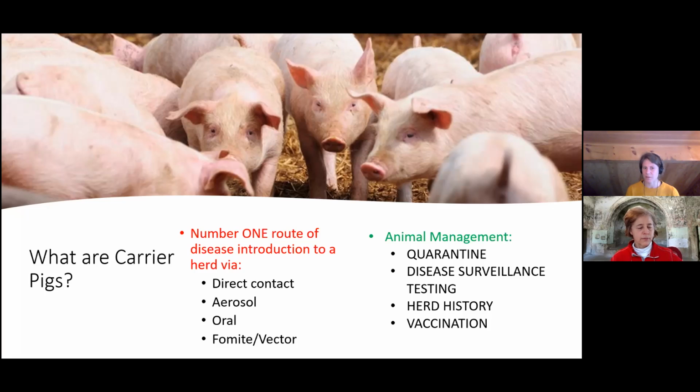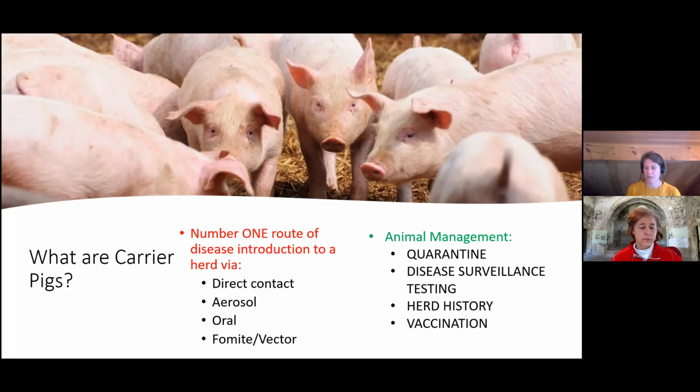as an effective biosecurity tool to help you break the transmission cycle. A carrier pig is an individual animal who carries an infectious organism without expressing disease. Sometimes they can outwardly appear sick, but a carrier pig can also be harboring this pathogen and not necessarily appear sick to you. An example of this could be Mycoplasma pneumoniae.